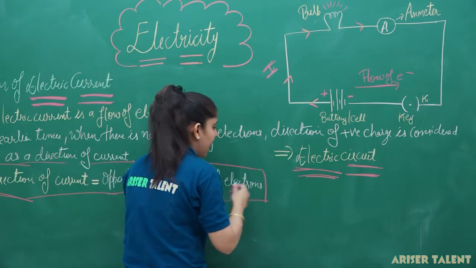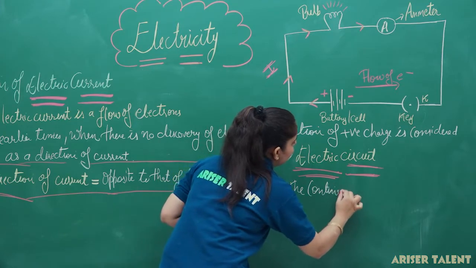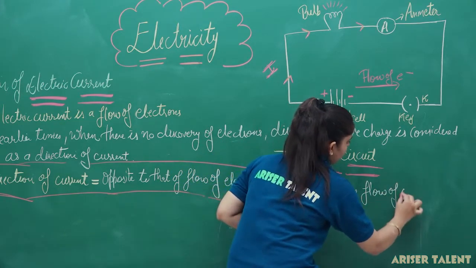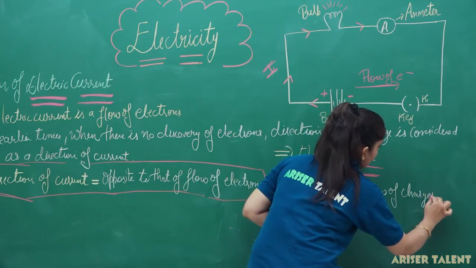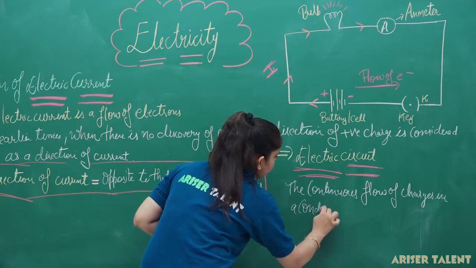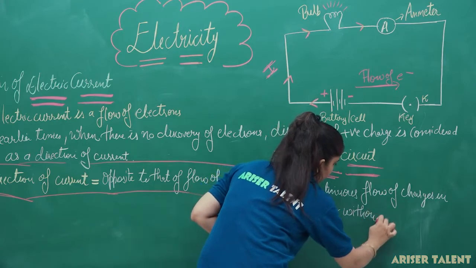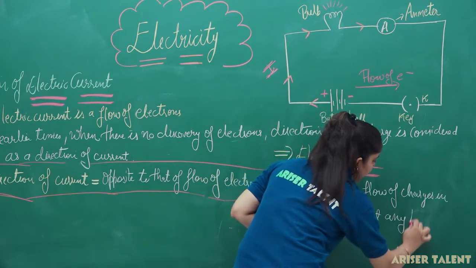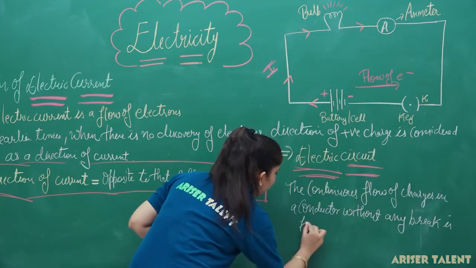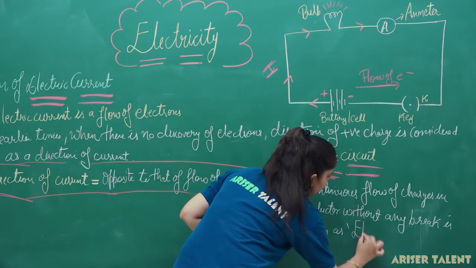So we can write that the continuous flow of charges in a conductor without any break is known as electric circuit.